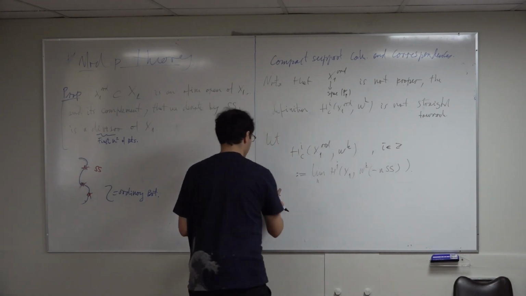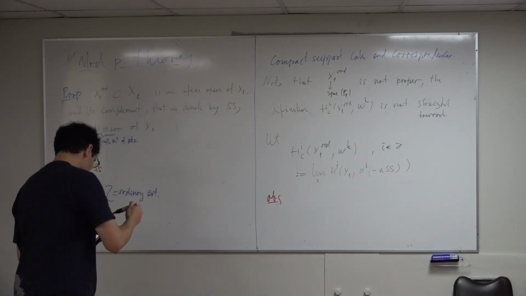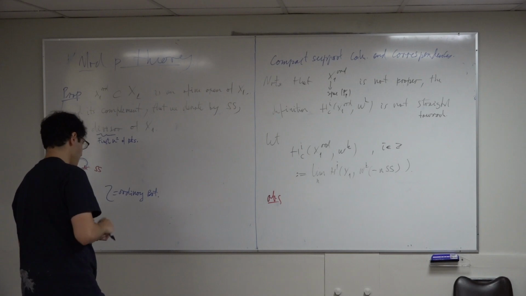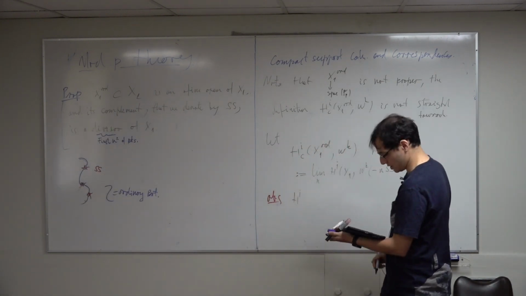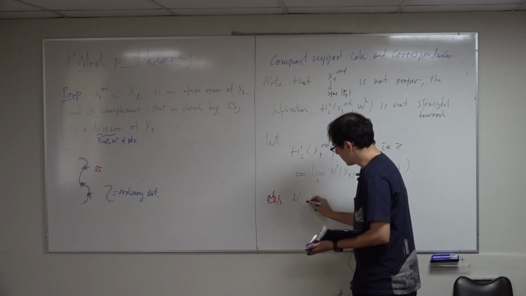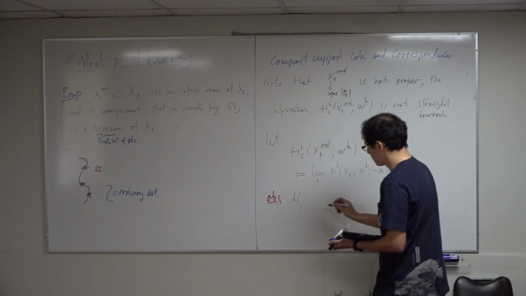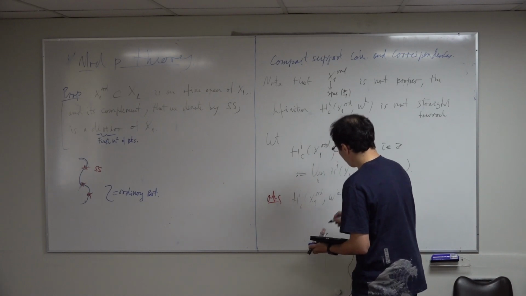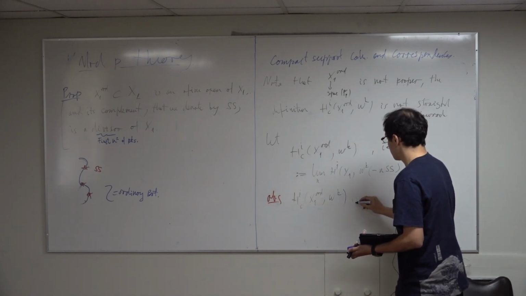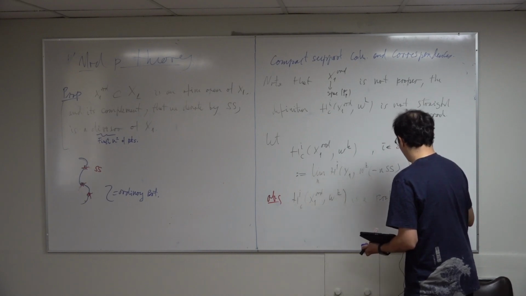So, observation. It's kind of what I was mentioning. The cohomology with compact support of X_1^ord, W_k is a profinite F_p vector space.